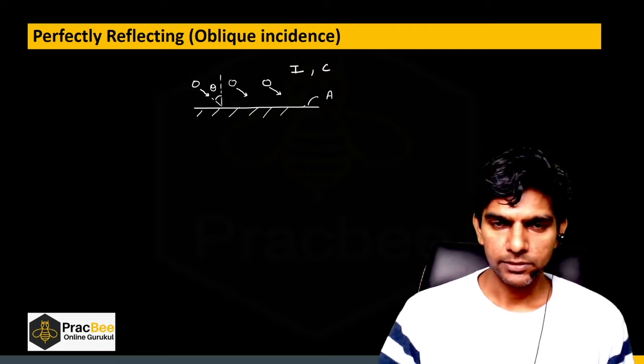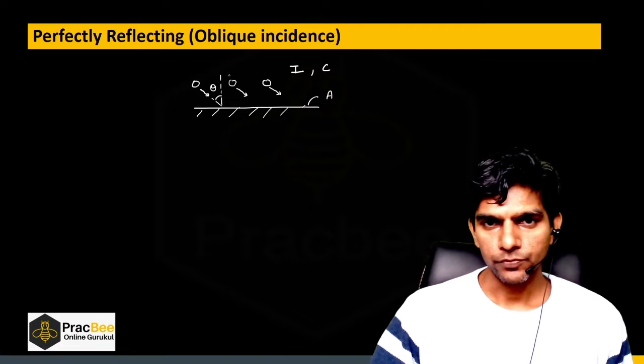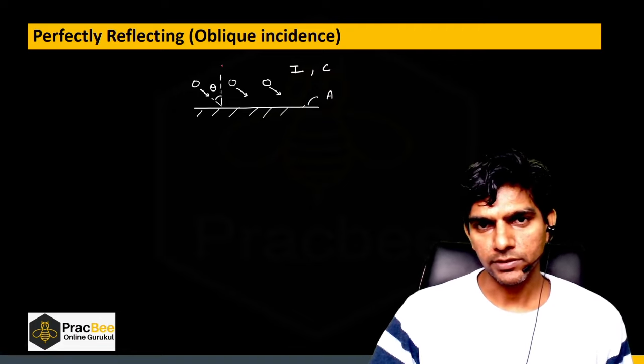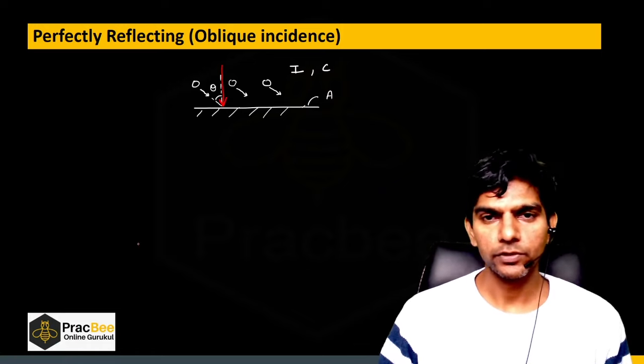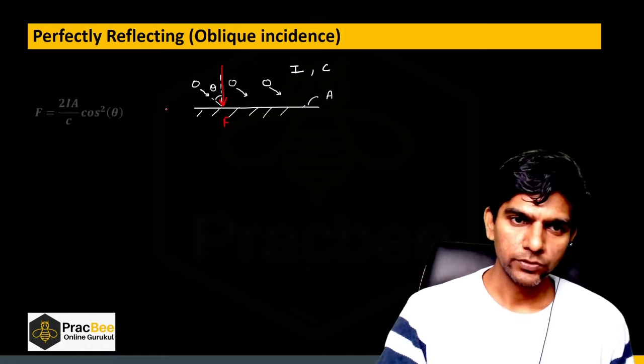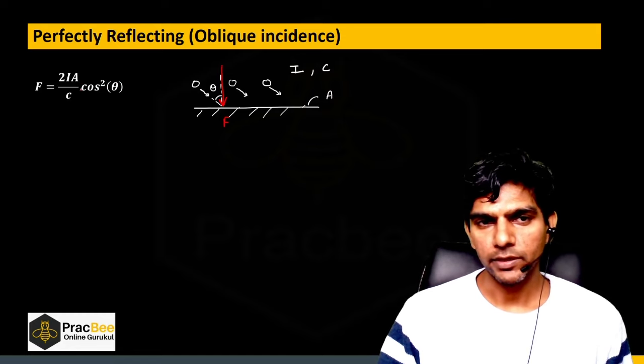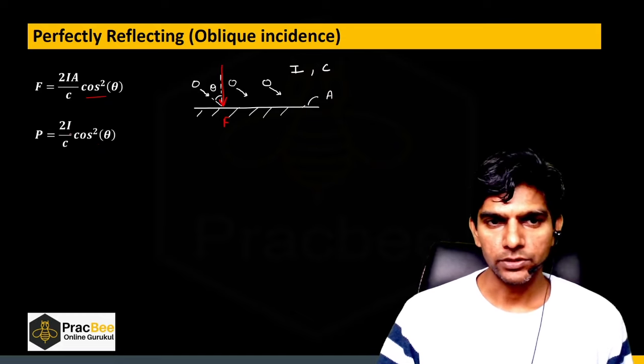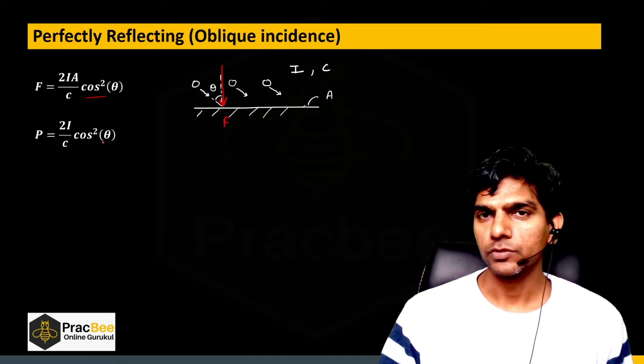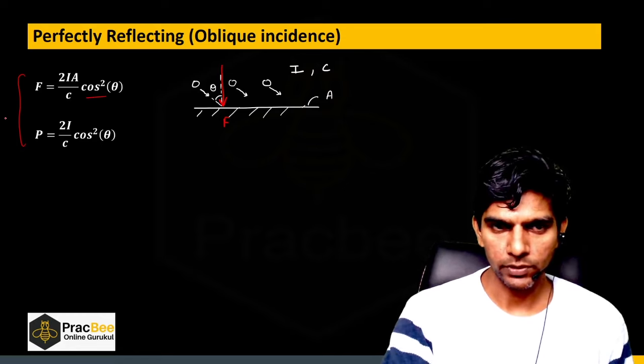Now in this case, the force exerted by the photons on the surface will be in the downward direction. This force will be given by 2IA by C cos square theta. So there is only the difference of this cos theta term: we'll multiply 2IA by C with cos square theta. And the radiation pressure will be 2I by C cos square theta. So again, remember these two formulas.